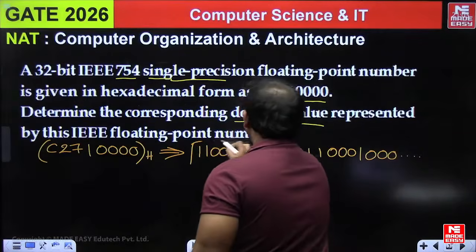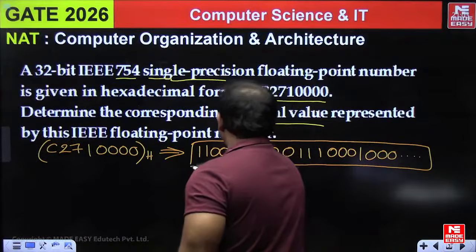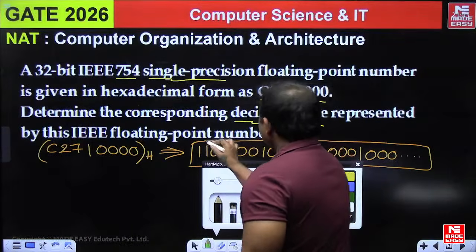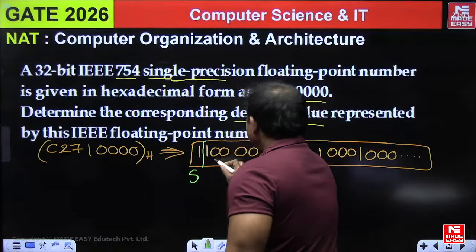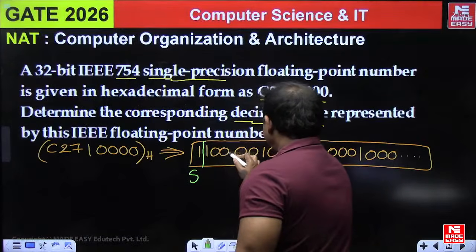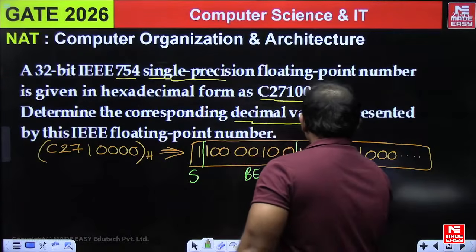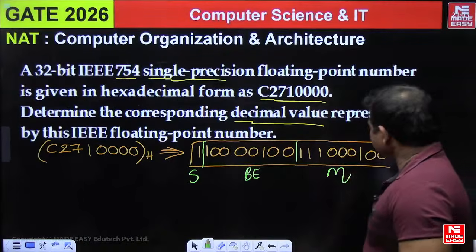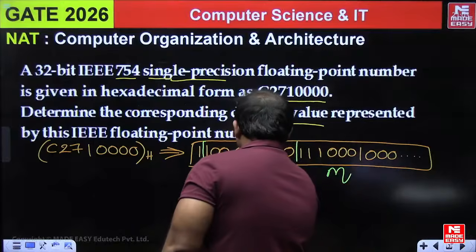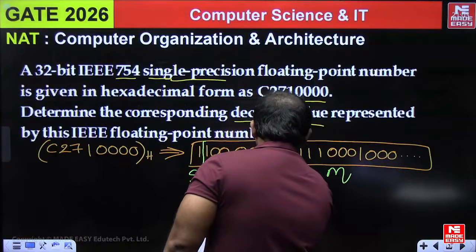So put this information in the 32-bit format. There, 1 bit is used for the sign, 8 bits are used for the biased exponent, and the remaining bits are used for the mantissa. The bias of this format is equal to 127.